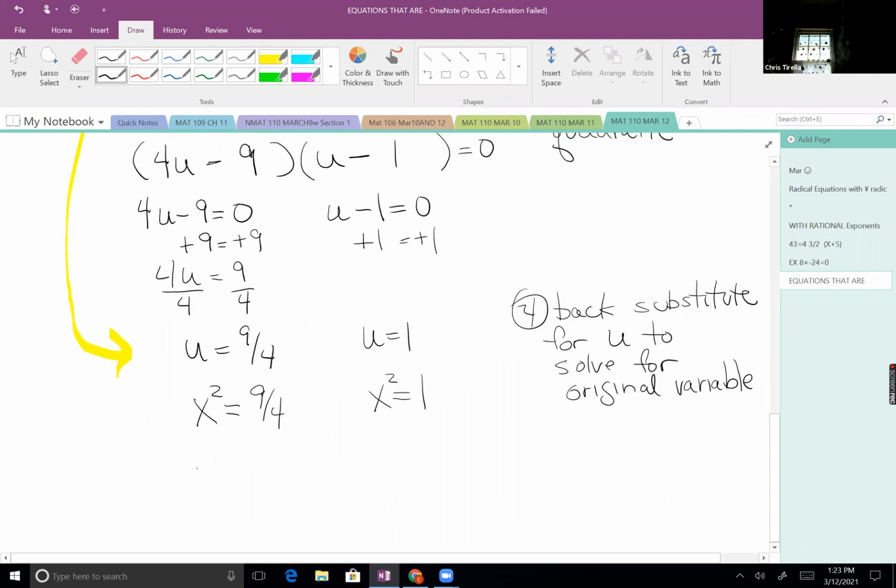And so if I use my square root property, I get x could equal the positive or negative square root of 9/4, which gives me 3/2, or negative 3/2. And here I'd get x is equal to plus or minus the square root of 1, which would give me 1 or negative 1.